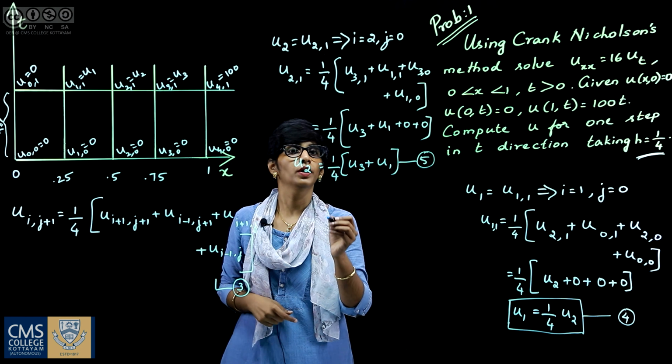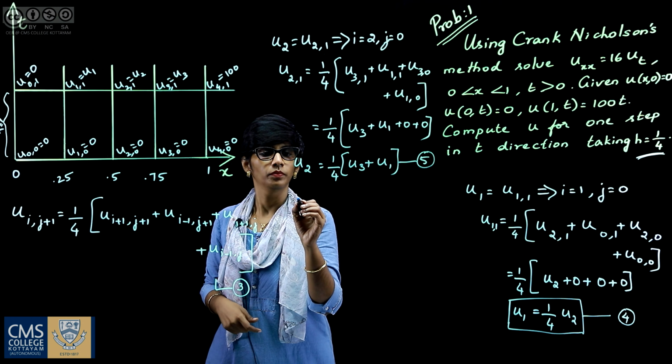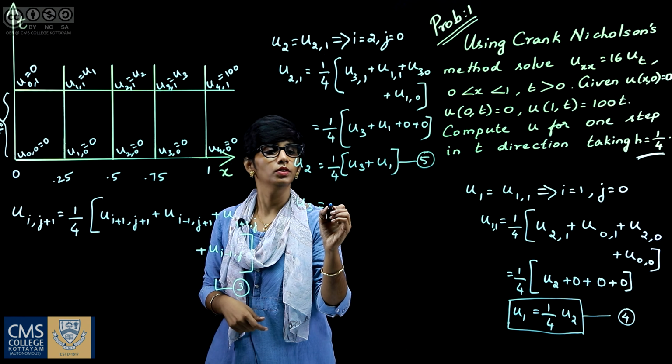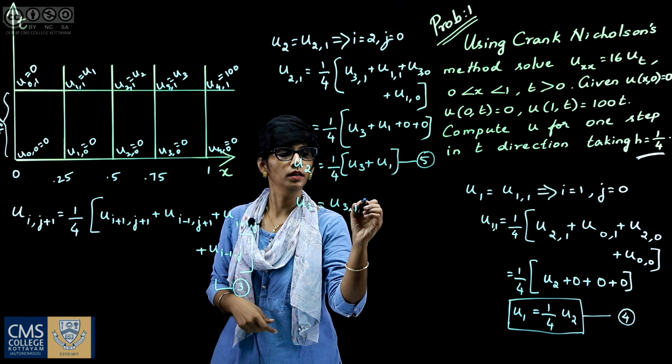Next we are going to find out u3. u3 is equal to u of 3 comma 1.